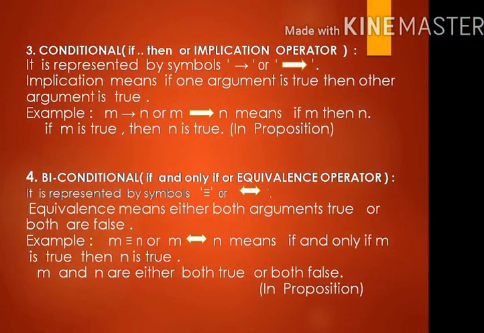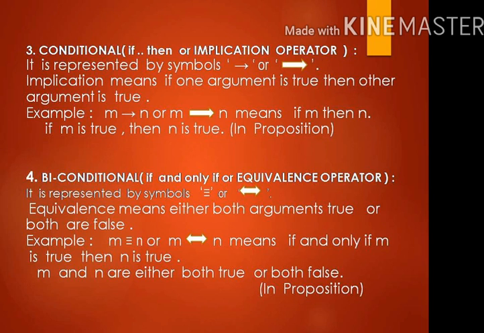The next slide is about conditional operator and biconditional operator. First, what is the conditional operator? Conditional operator is also known as implication operator. It is represented by the implication symbol.